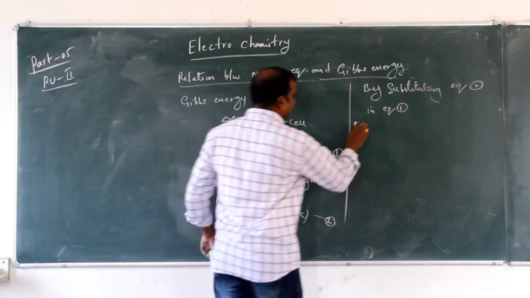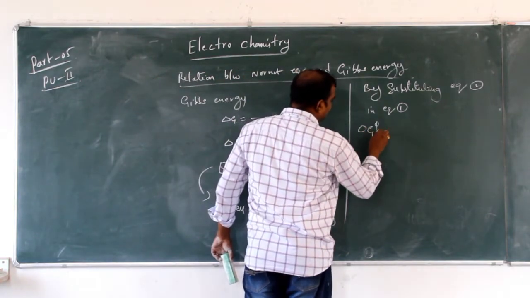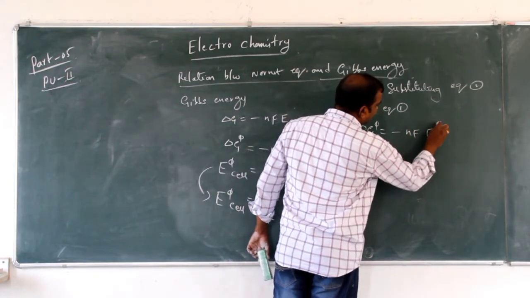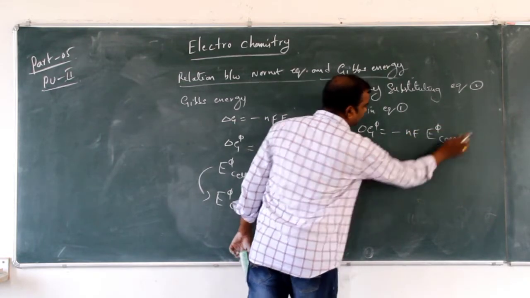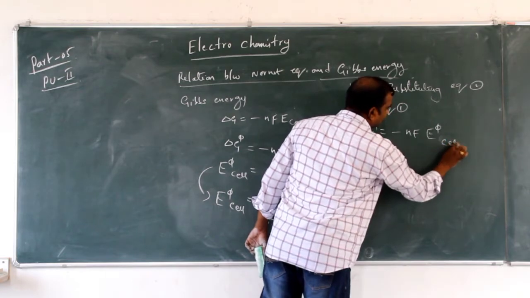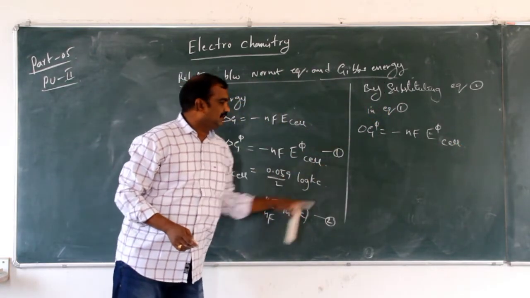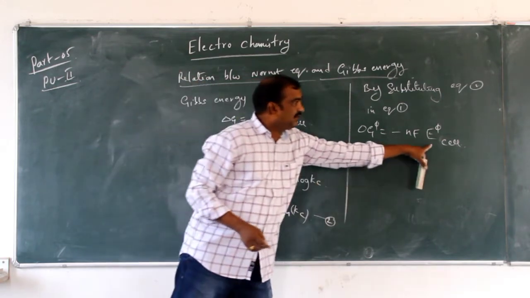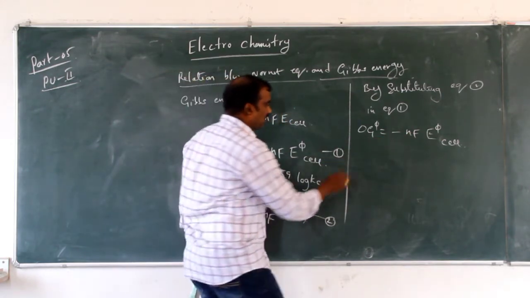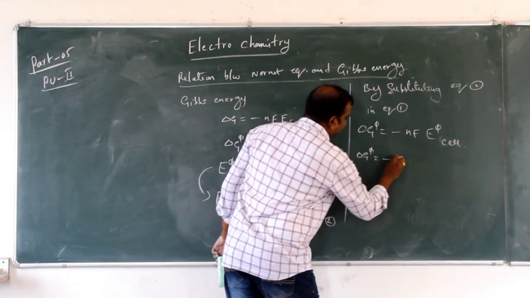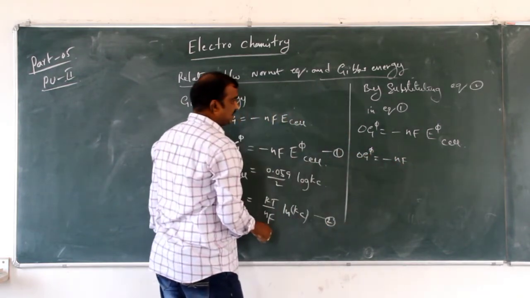So what will happen? Delta G naught is equal to minus nF of E naught cell. In the presence of E naught cell, we are substituting this value. So now delta G naught is equal to minus nF of E naught cell.